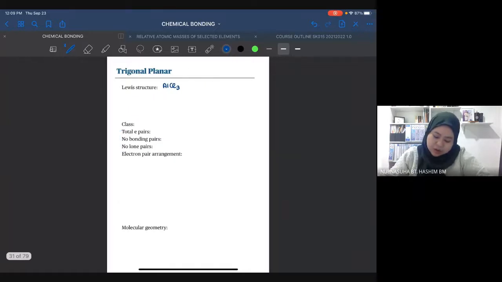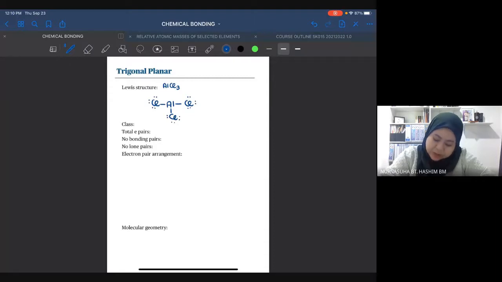Okay, kita tengok next one, Trigonal Planar. Okay, so madam akan skip bahagian yang kita kira-kira elektron. Terus pergi kepada Lewis structure dia. So basically, this is the Lewis structure for AlCl3.